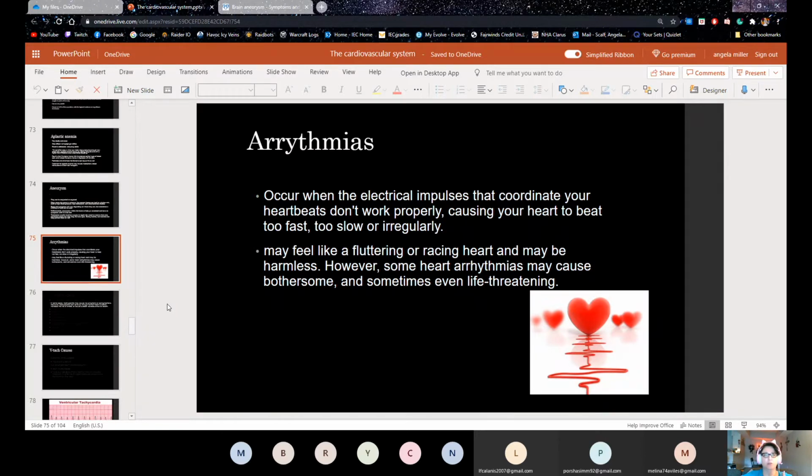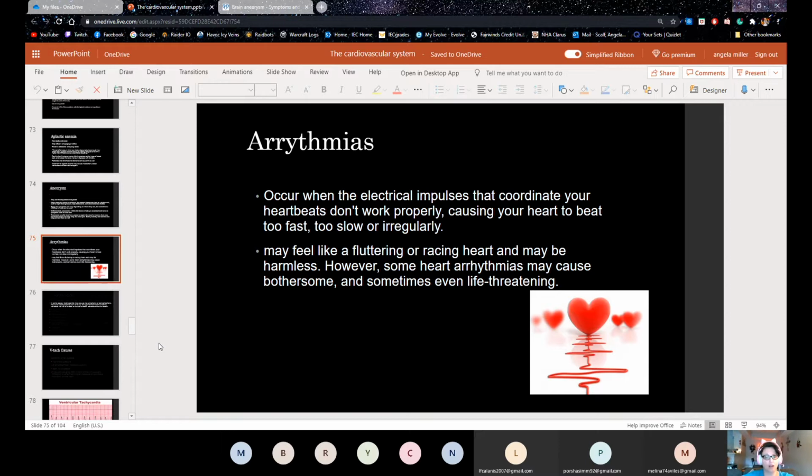It feels like your heart goes bum, bum, bum, just a little extra flutter, and you feel it. Is that life-threatening? No, as long as you're not having lots of them.